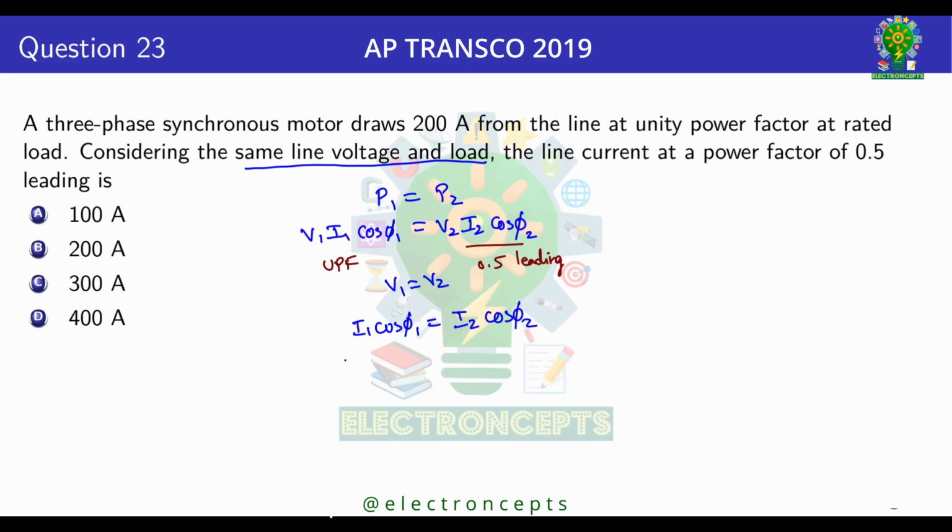Substituting the data, I1 is 200 into cos phi 1, since it is at UPF, cos phi 1 is equal to 1, which is equal to I2, which we need to calculate, into cos phi 2 is 0.5 leading. From this, I2 is equal to 200 by 0.5, which is equal to 400 amps. Therefore, option D is correct.